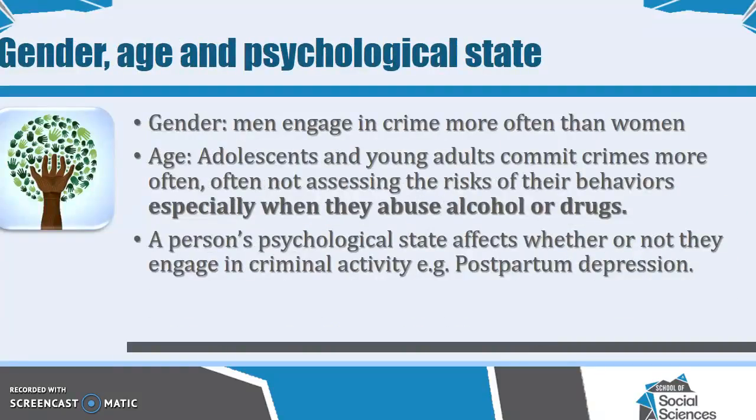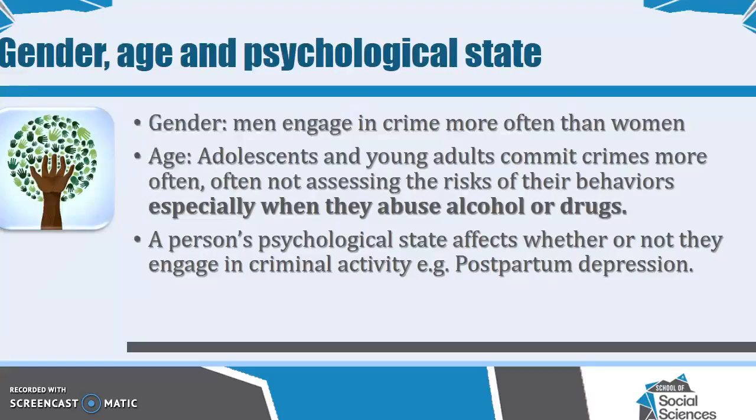Gender, age, and psychological state. Gender relates to crime in a big way. Men tend to engage in crime more often than women do. In terms of age, adolescents and young adults tend to commit crimes more often.